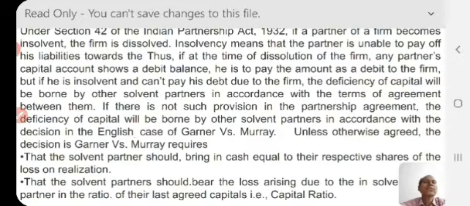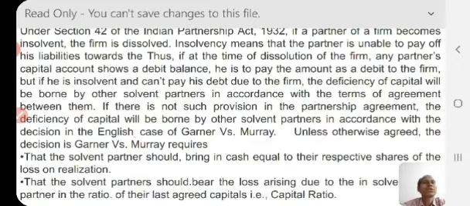In case of dissolution, in such cases, if the capital accounts are shown at the assets side, the amount is to be brought in by such partners at the time of the dissolution of the partnership firm.